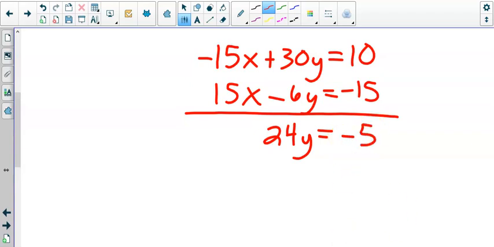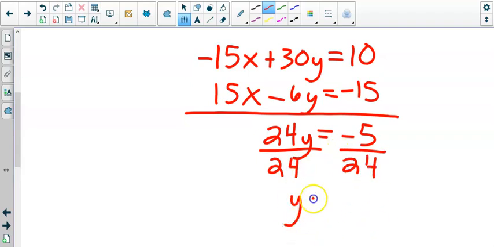And now what do we do? Divide both by 24. Divide by 24. So y is equal to? All right, now unfortunately we cannot have decimals. Math AS does not want the decimal.